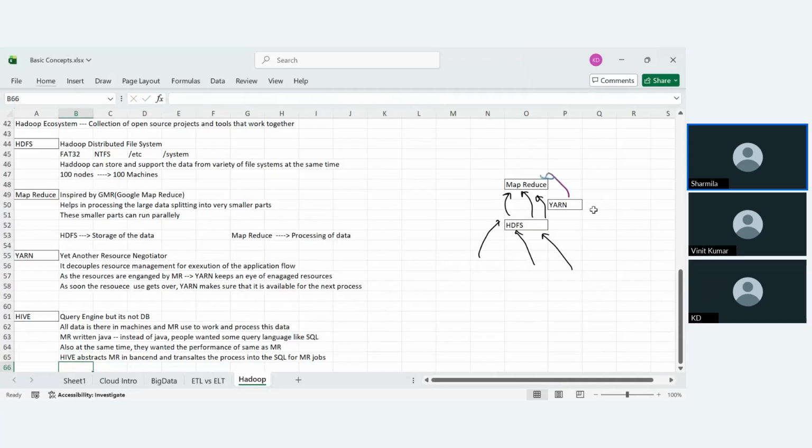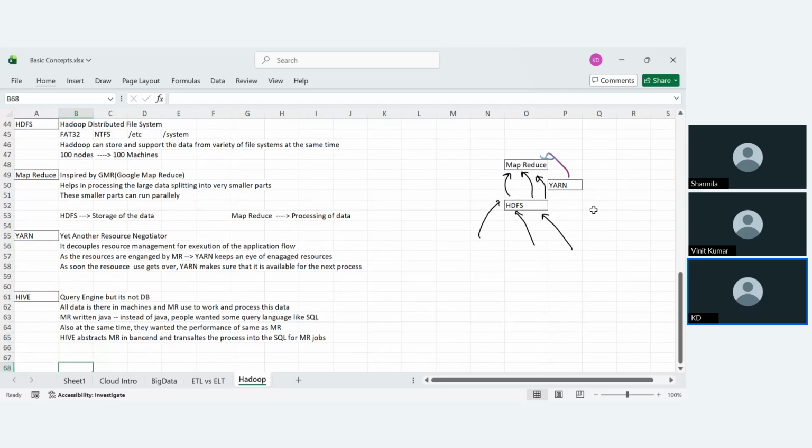Because Java was complex and had a lot of issues, with Hive they got a middleware where they can do the same level of processing with a better level of engagement.